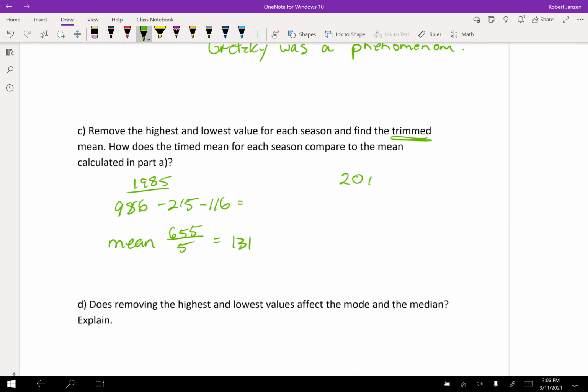If we go to 2010, in this case, if we take away the total, the 657, that was the total of all of the 7, take away the highest point total and the lowest point total, then your new mean would be 468 divided by 5, and this is 93.6.